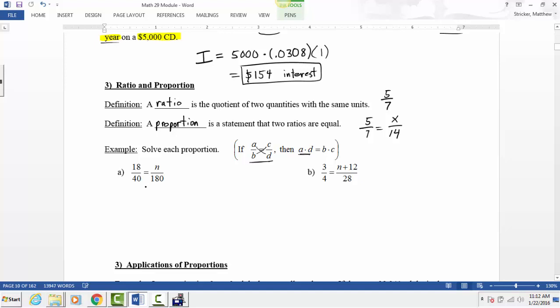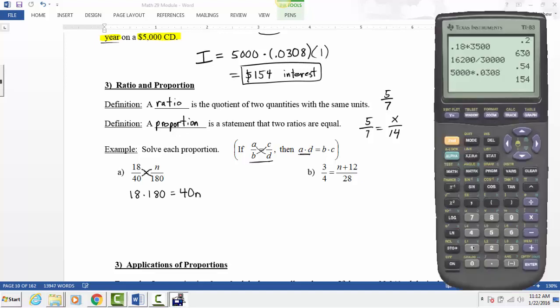Let's see how that works in an example. So here we take 18 times 180. That has to be equal to this cross multiply, 40 times n. 18 times 180, that's equal to 3,240.